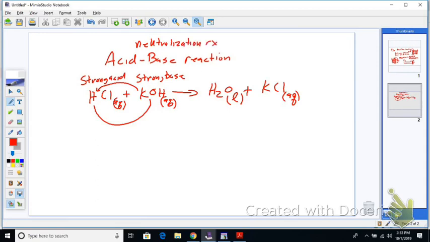How do we know it's neutralization? Because we're making water, and water's neutral. You're neutralizing the acid with the base. You're canceling out the strength of the acid with the strength of the base, and it's neutralizing out. This is called the formula equation.